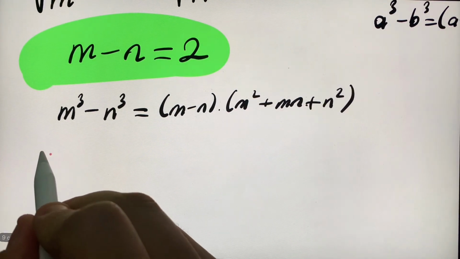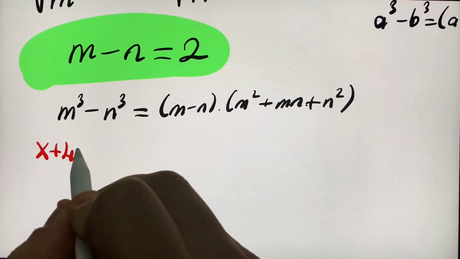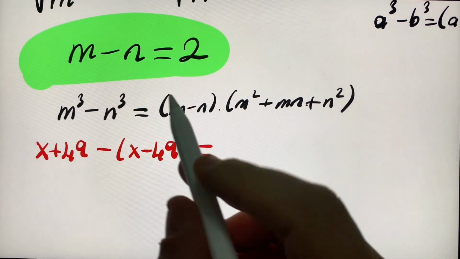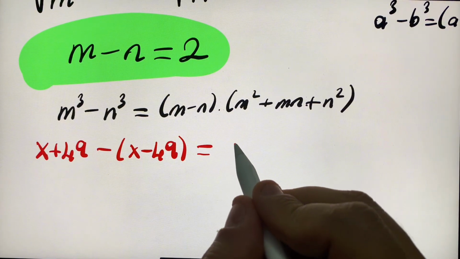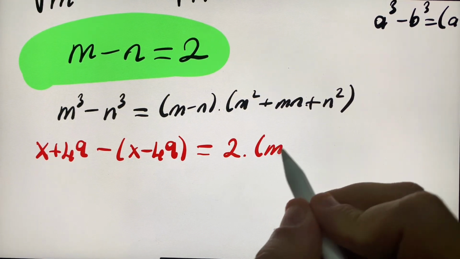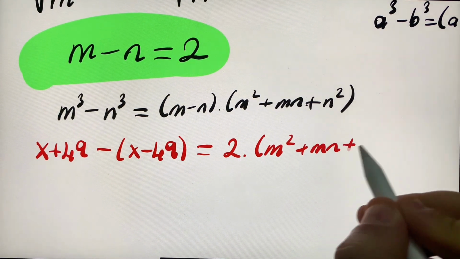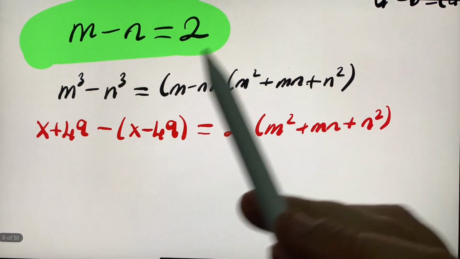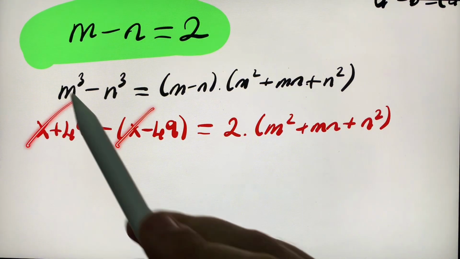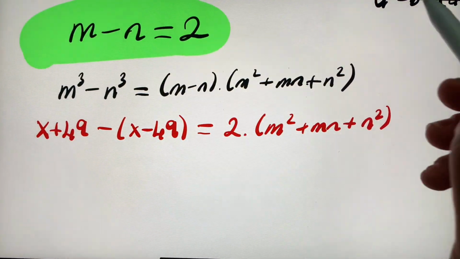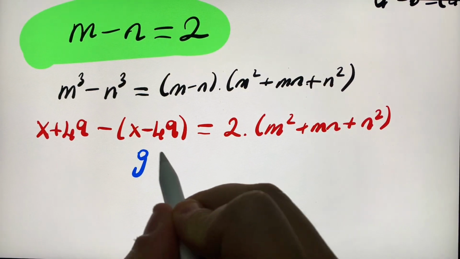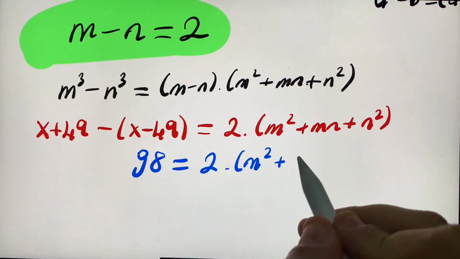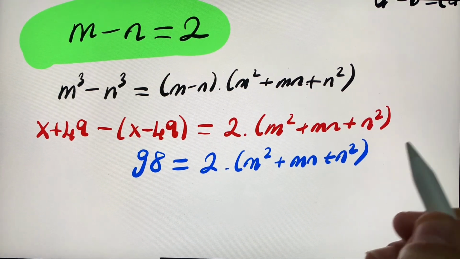What will happen is m cubed minus n cubed, x plus 49 minus x minus 49, equal to m minus n, which we found to be 2, times the bracket m squared plus m times n plus n squared. If you pay attention here, the x's will simplify each other. What will be left? Only 98 will remain. 98 is 2 times the bracket m squared plus m times n plus n squared.